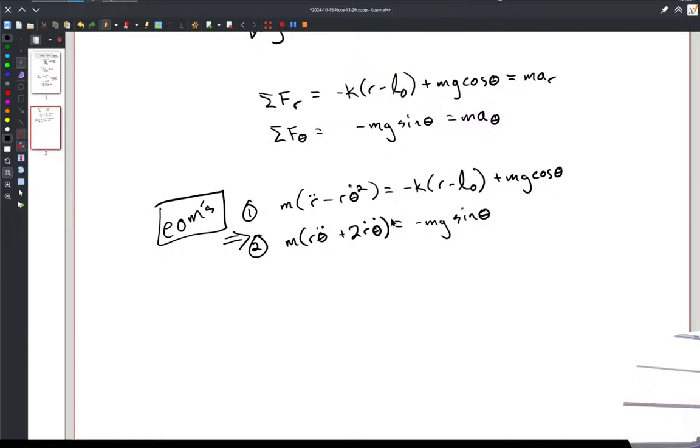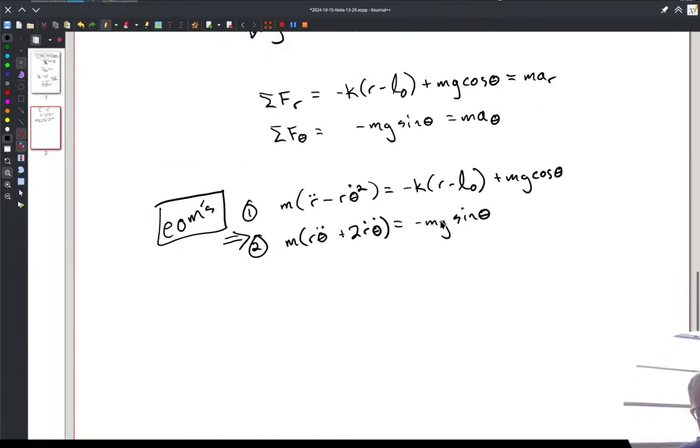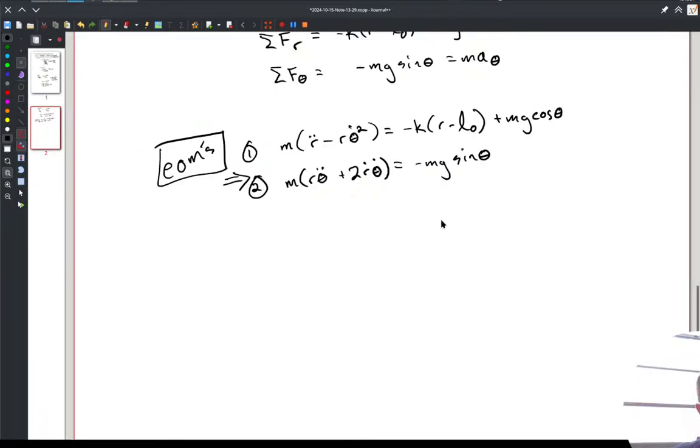But for now, the general solution is that yes, this is a problem where the more that theta is changing, the more spring stretching I have, and the more spring stretching I have, the more it changes how theta is affected. When you first look at it, it seems kind of complicated, but we can make some simplifying assumptions. So let's do that.